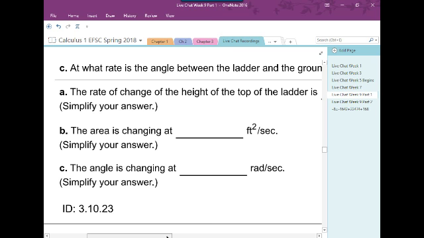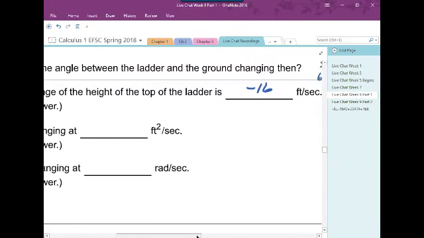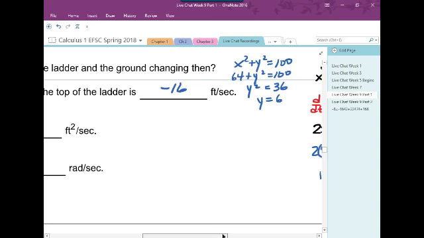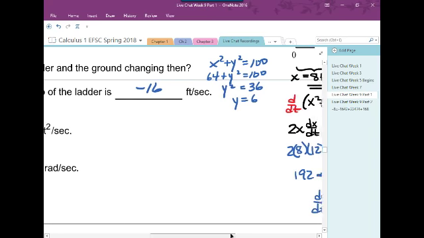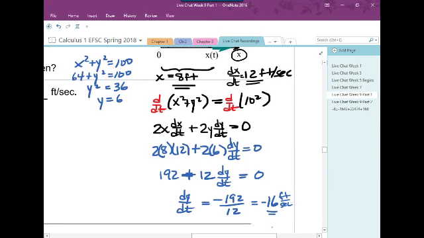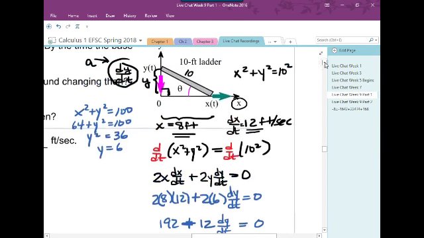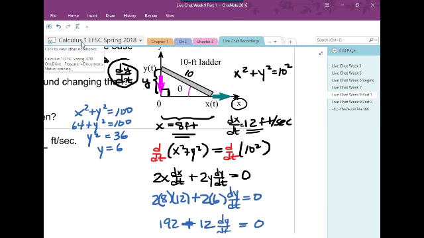Now the next part of the question is to find the rate at which the area is changing, the area of the right triangle. So let's talk about the area of the right triangle. Okay, so how do you find the area of a triangle?